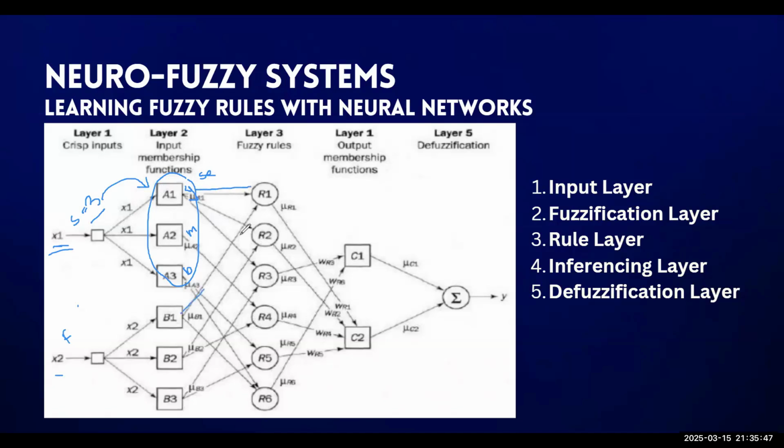Like this one might be service is good and food is good. This rule might be something like that. This is the rule layer. After mapping it there, we can also calculate the weight value, and we can get the output of this rule layer. For example, earlier when we have two input variables like this, we map the value and take this probability out.